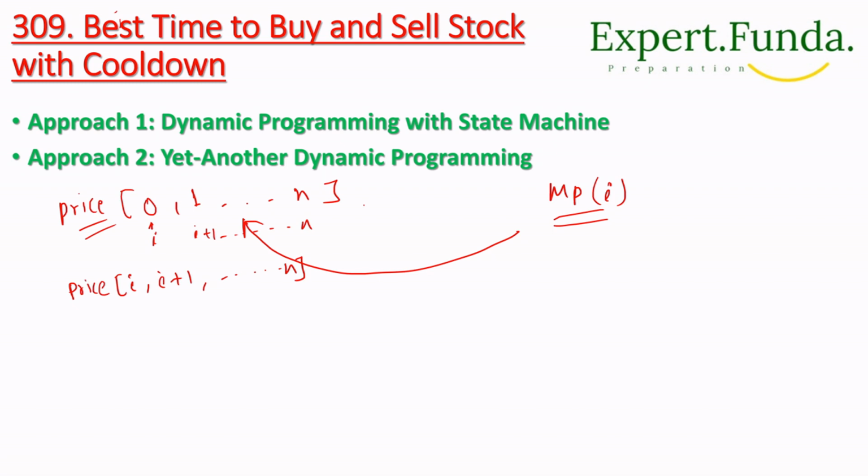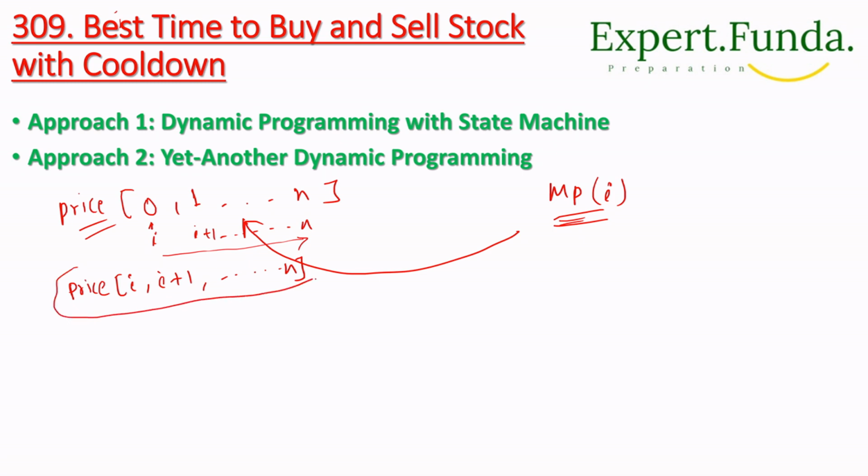We first have to write our target function, that is our MP. So we have defined our target function MP of I, and the function MP of I gives the maximum profit that we can gain from the price subsequence starting from index I to n.